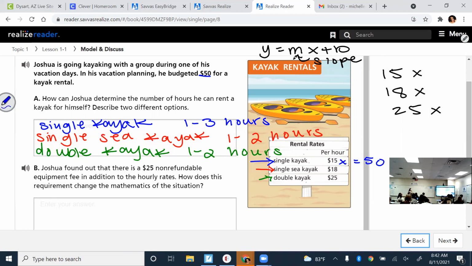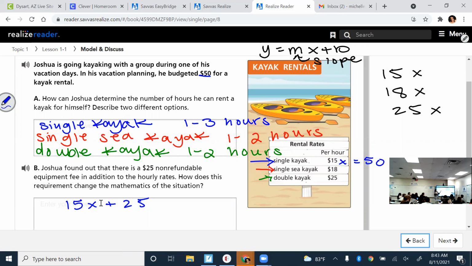So if I was doing the single kayak, which was $15 an hour, so 15x, how would I put in that non-refundable fee? Yes? Plus 25. Right, because he has to pay that no matter what. And then the hourly rate. So add them together, that gives you your total costs. So this is still linear, right?